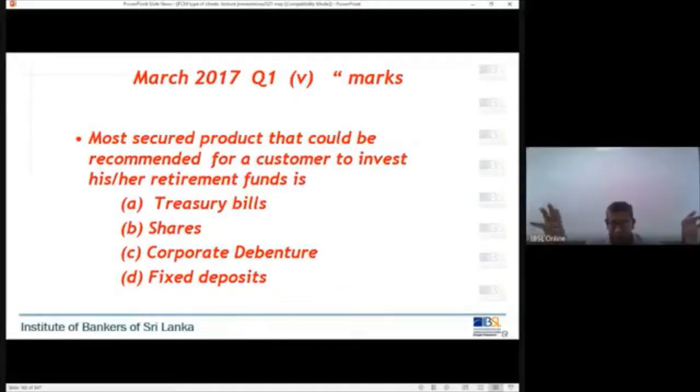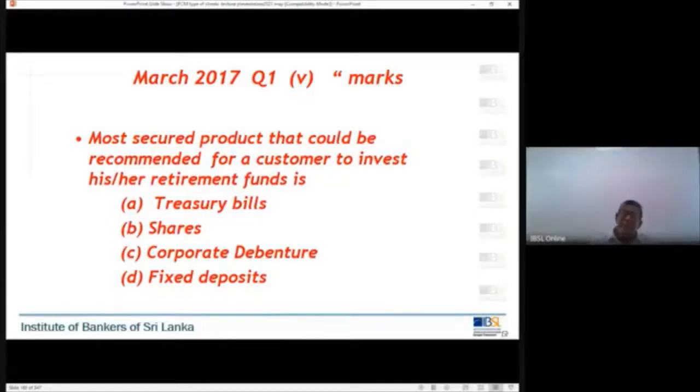You know what is meant by risk-averse, right? And risk-lover, right? Then try to match, and you get the answer. Now here, the question tells you a product and a customer. The customer is going to invest his retirement fund.